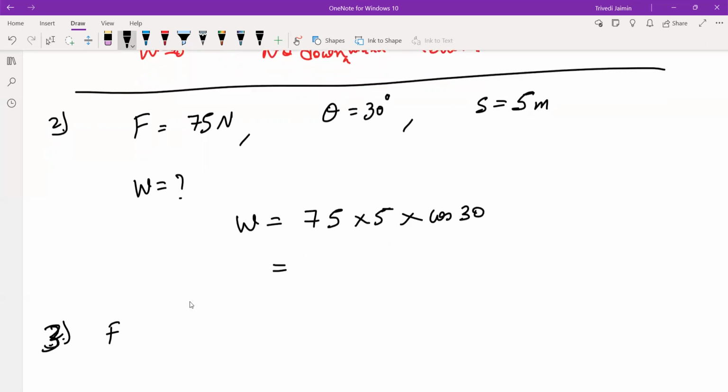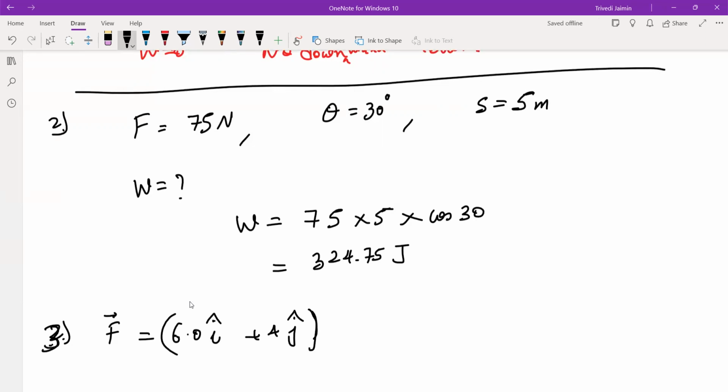A constant force is given as 6 I cap plus 4 J cap Newton, and it acts on a particle.